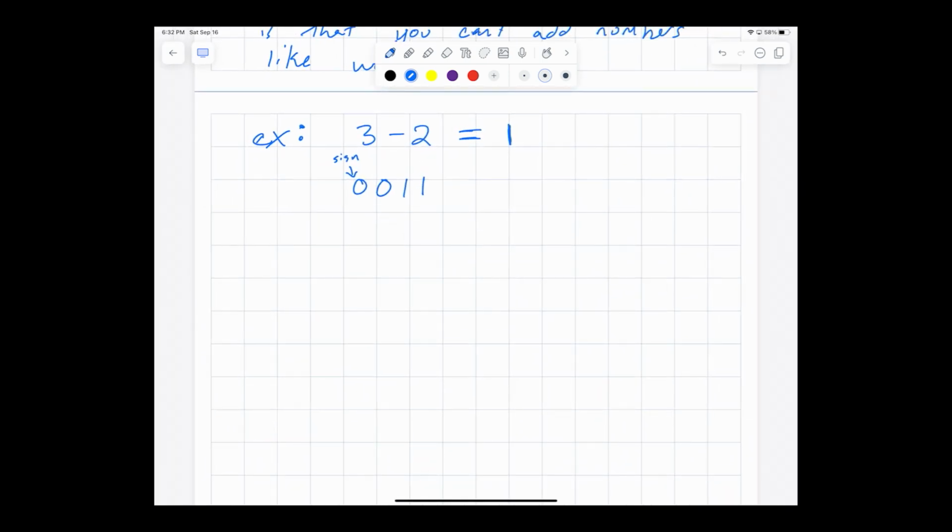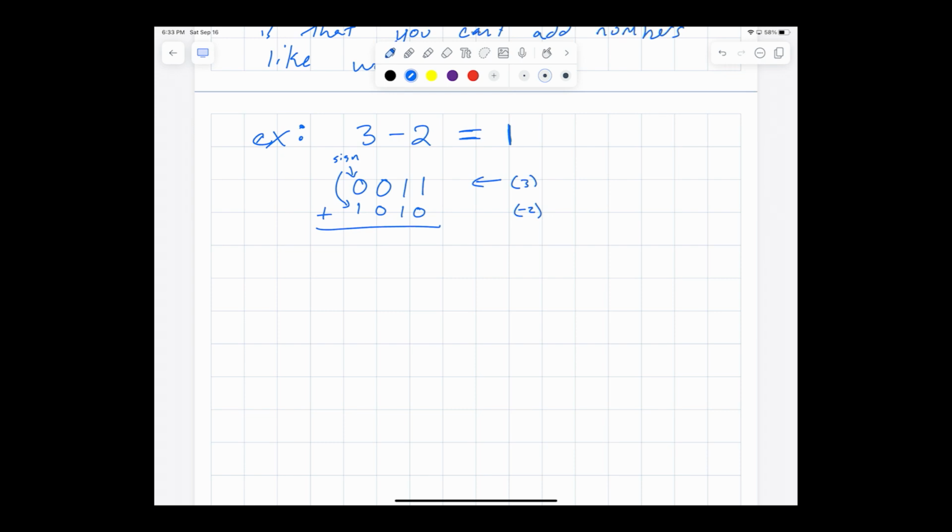So we have a sign bit there. So that's three. And then let's say we wanted to add it to -2. So this is three, and now we want to put a -2. So -2 would be a one here and a zero. That'd be two. And then to make it negative, you would have to have a one there. That's how we said we were going to do negative numbers right now.